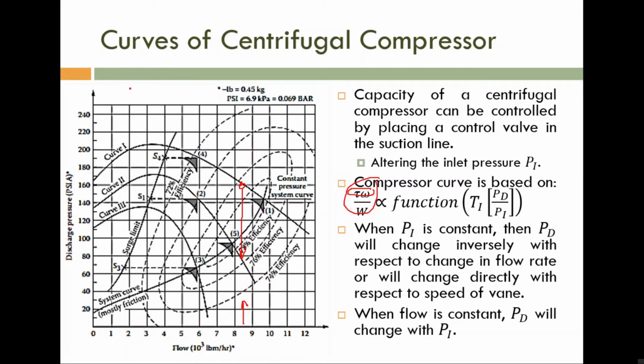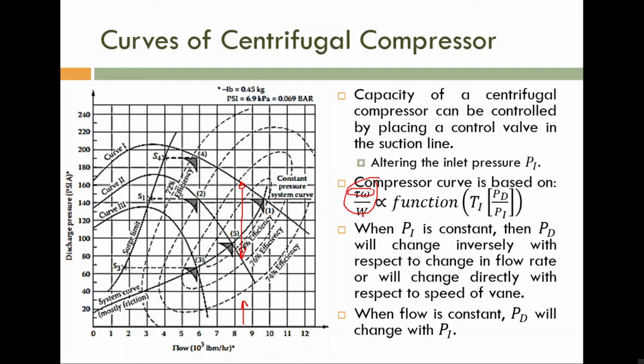For our explanatory purpose, we are assuming that except W, all other parameters like speed omega, torque tau, and suction temperature Ti are constant. Only the compressor ratio is changing with respect to W. Is it okay? So please note that.